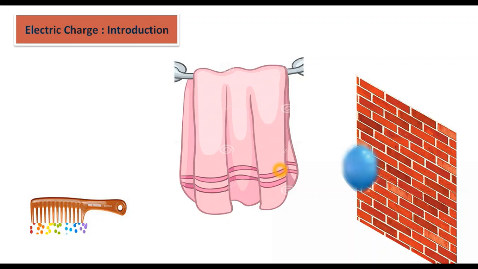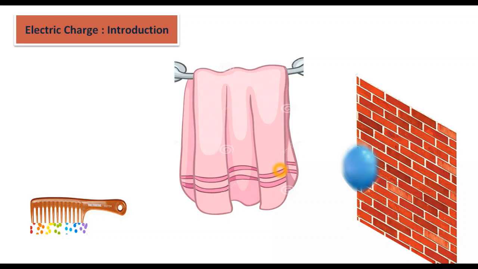Before it was rubbed, the balloon was not sticking to the wall. But after getting rubbed, how come it's getting attracted to the wall and sticking to it for quite a good amount of time? It's interesting, right? Not only this, you can try another thing. Take a plastic comb and comb your hair, again when your hair is dry.